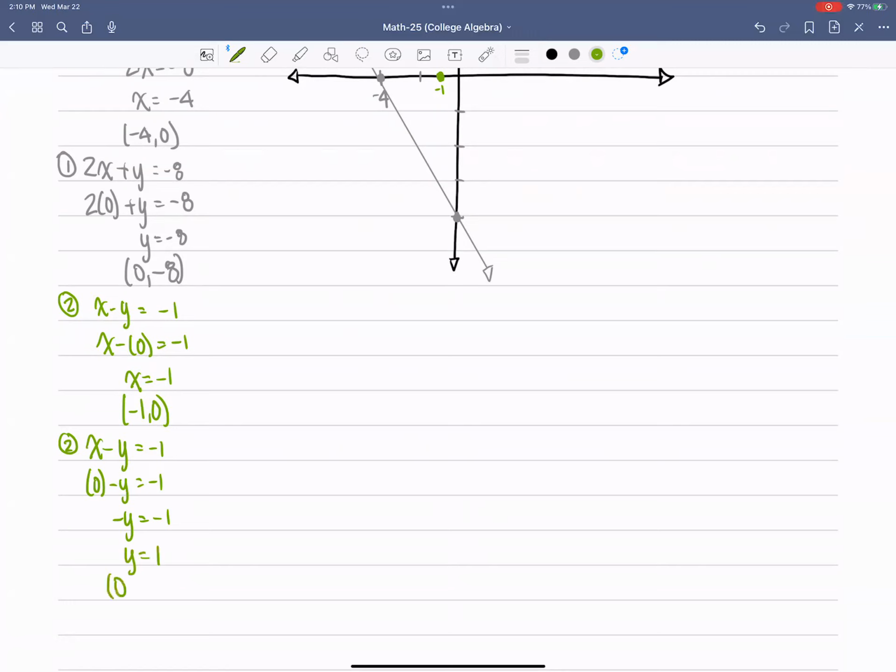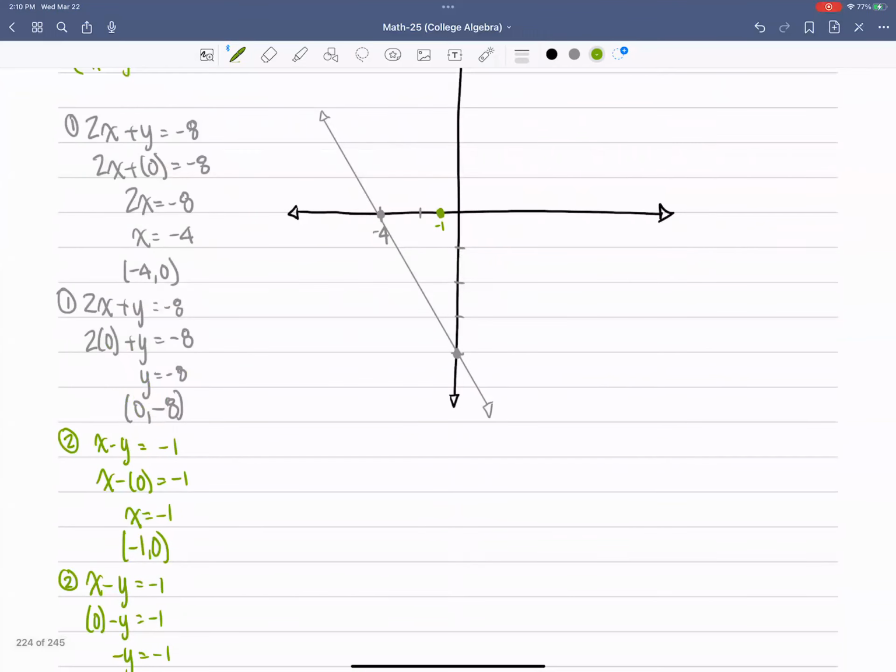So when we plug 0 in for x, our y is 1. That gives us this point right up here. And now from here, we're going to try our best to graph.